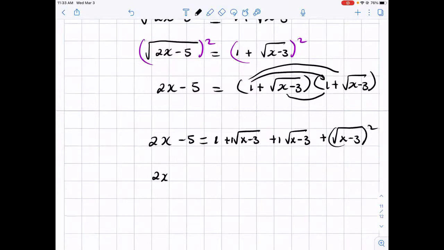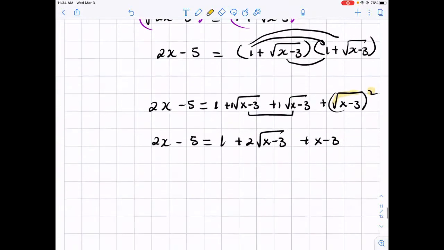So combining like terms, we have 1. These are like terms, so we have 2 root x minus 3, and then plus x minus 3, because this square will cancel the square root. Combining like terms again, we have 2x minus 5 is equal to 1 minus 3 becomes negative 2 plus 2 root of x minus 3.